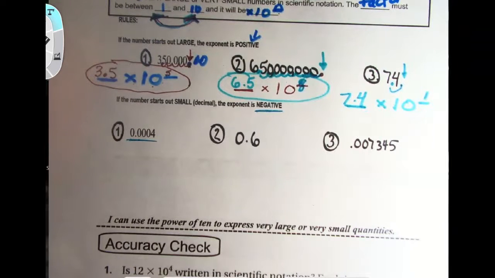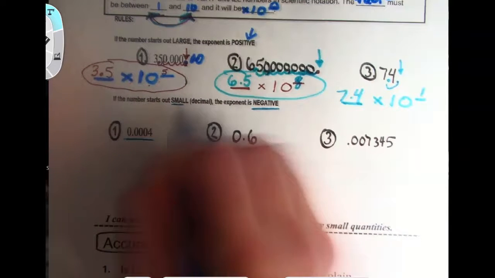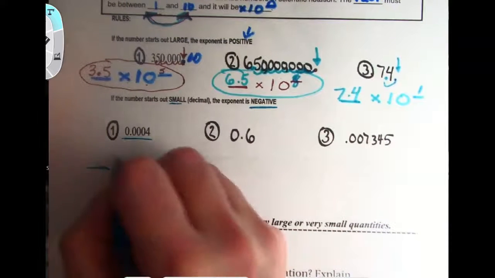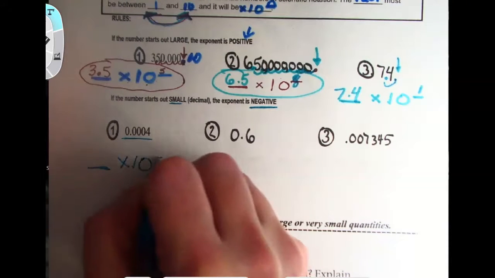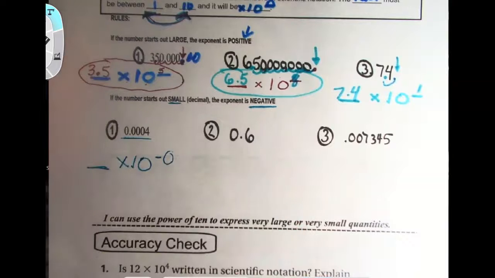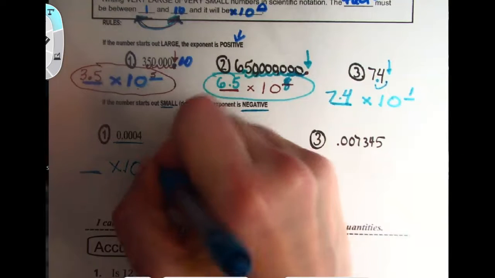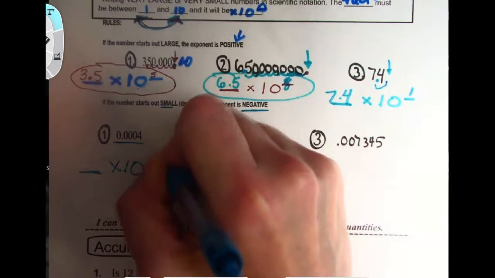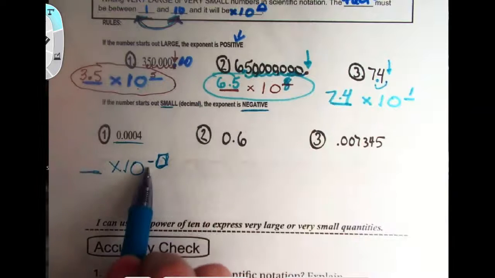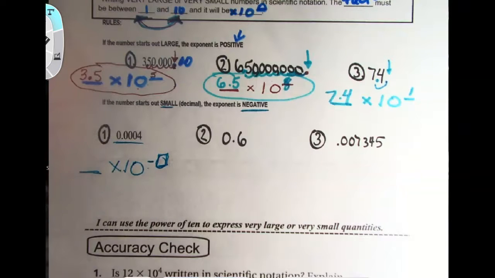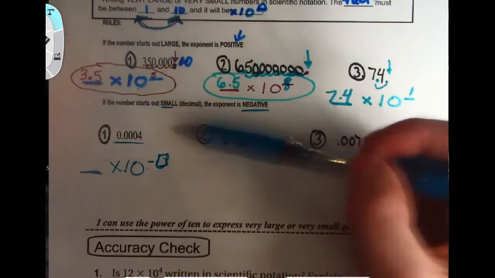You just remember, if it starts small as a decimal, it's something times 10 to the negative something. I always start writing it that way, or you could even put a box if that helps. You're going to put the number in the box. I know automatically my exponent's negative because I'm starting with a decimal.